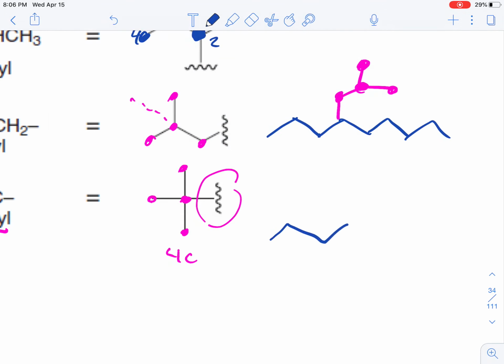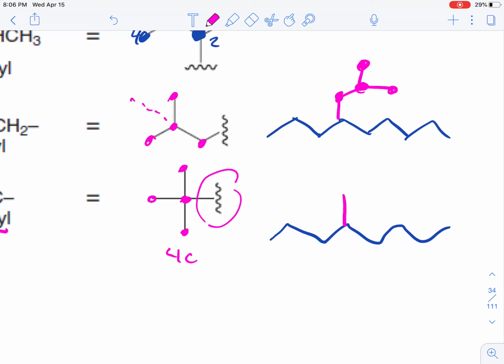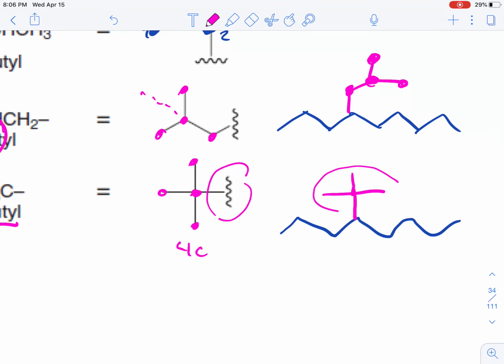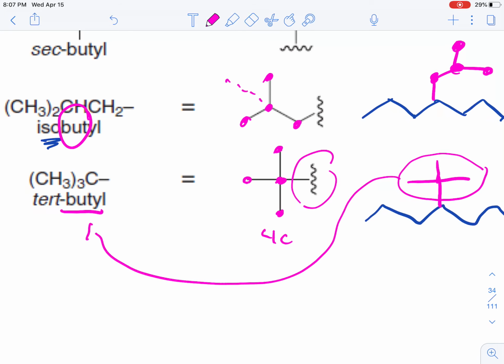If I just drew a random parent chain, and I see, for instance, this cross-looking thing, then I know that the name of this cross-looking thing is going to be Tert-Butyl.